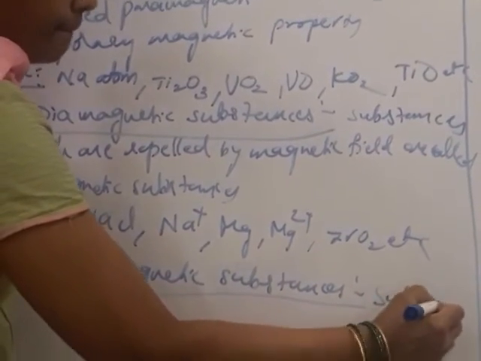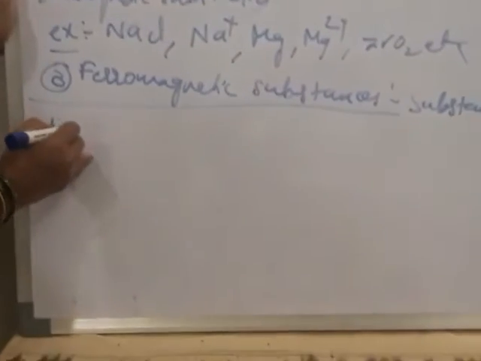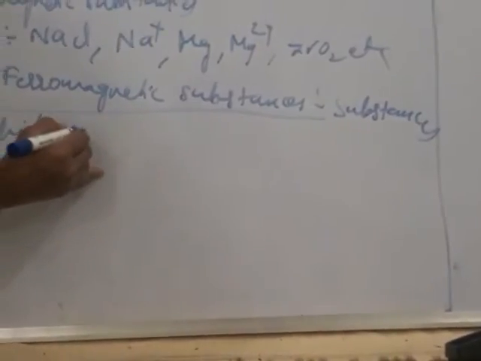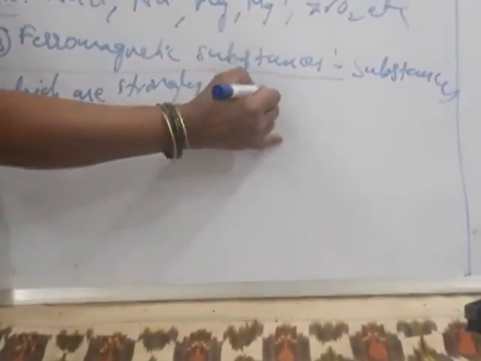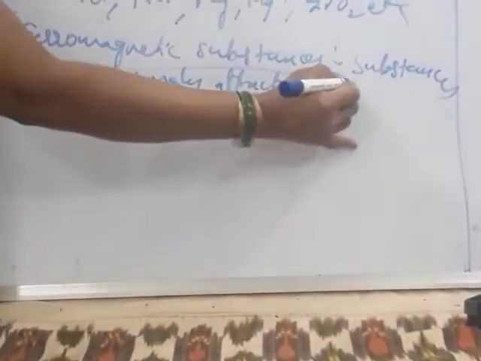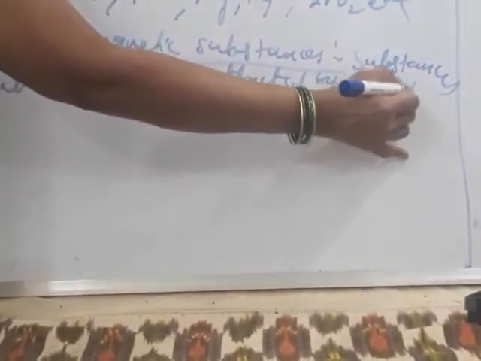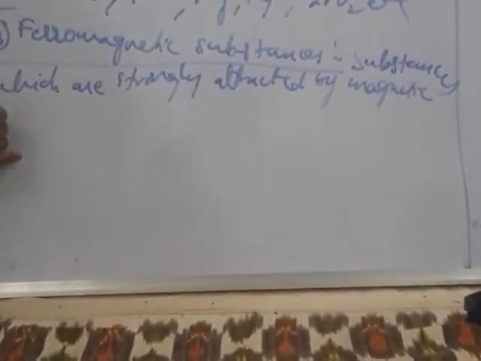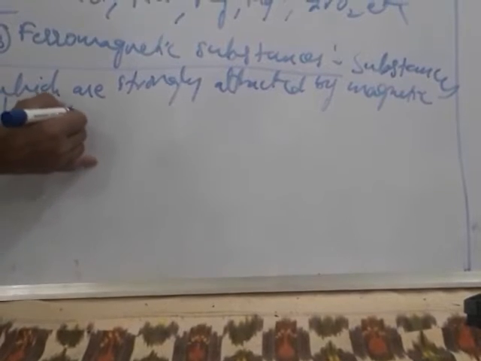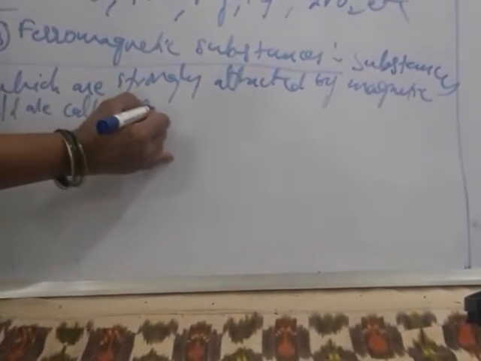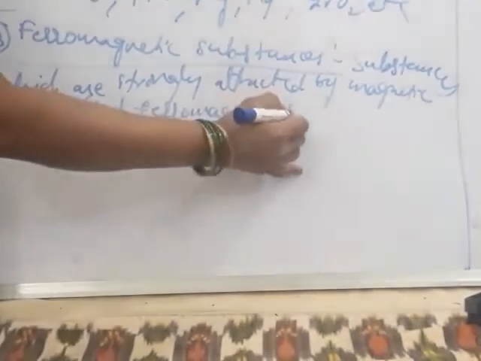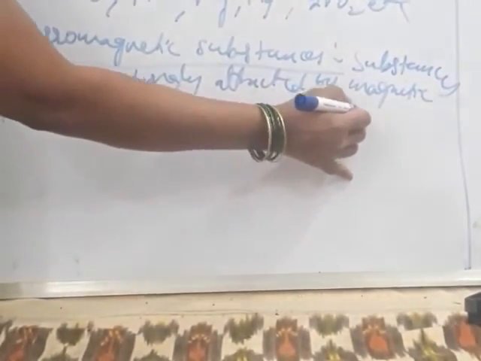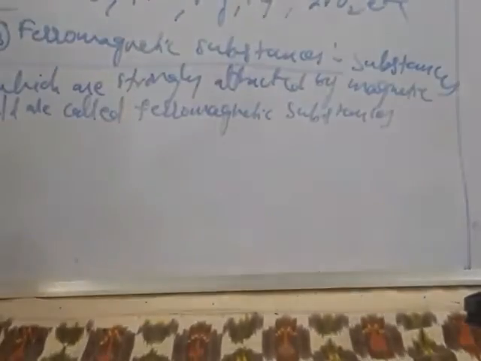Okay, so ferromagnetic substances: substances which are strongly attracted by magnetic field are called ferromagnetic substances. So ferromagnetism is permanent magnetism. Okay.